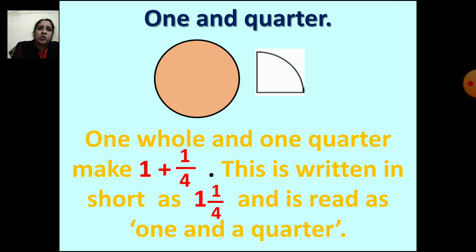So it is also a mixed fraction. In the same way you can show 2 and a quarter, 3 and a quarter, 4 and a quarter, and so on. These are some examples of mixed fractions. Now we will see the next one.